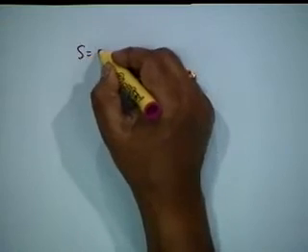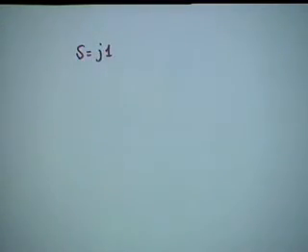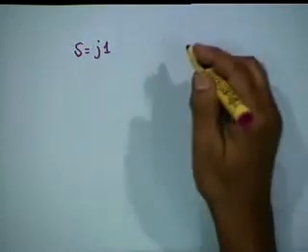What happens to the cutoff frequency? The cutoff frequency corresponds to capital S equal to plus minus j. Let us take the plus sign, we will derive the other results very simply.